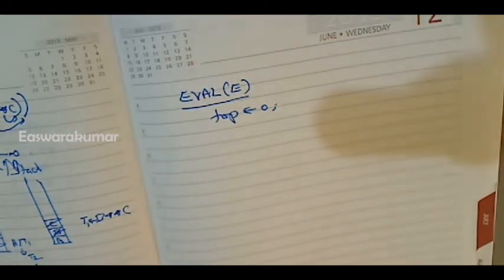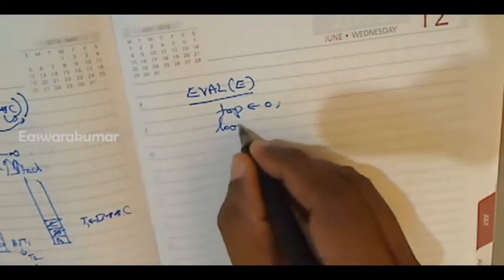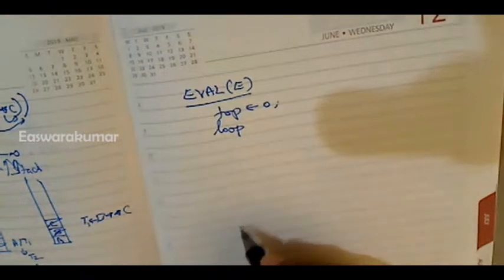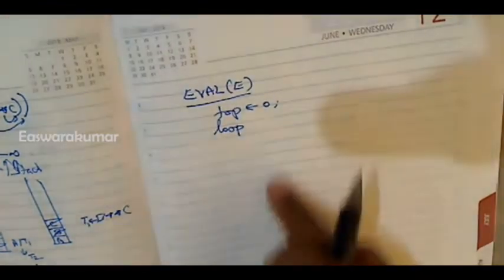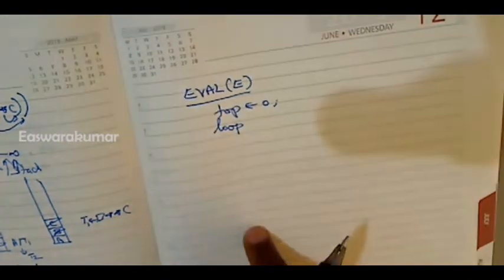Okay, the stack is empty. Then we have to loop forever. Loop forever. Okay, so we write it like that. I can write the end of the loop later because I do not know how much space it will take. So actually the construct is loop forever.